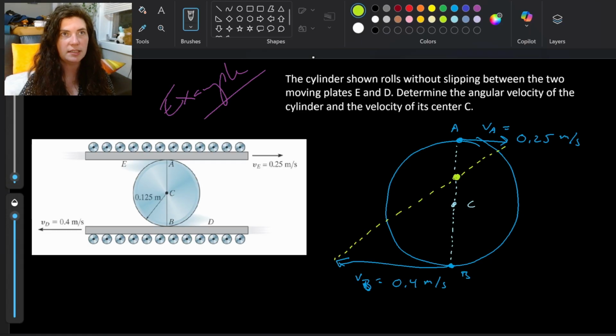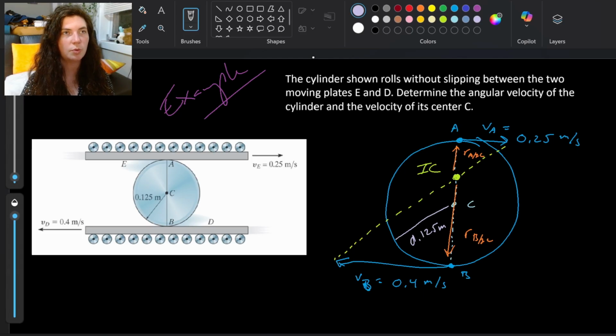In order to find that, label that IC, where we have these vectors that represent RA with respect to IC, and RB with respect to IC, and we know the radius of this. So the radius is 0.125 meters. All right, so I think I've captured everything that we can.